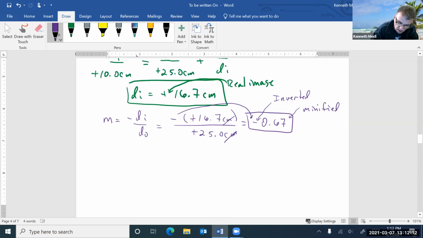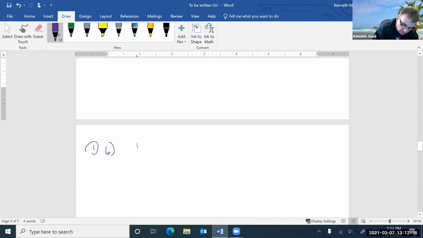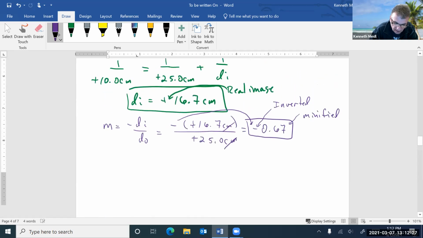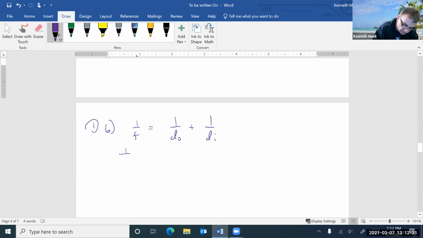So on 1, part B, we have this to solve, and our focal distance here is positive 10. And the object now is positive 10 centimeters away.